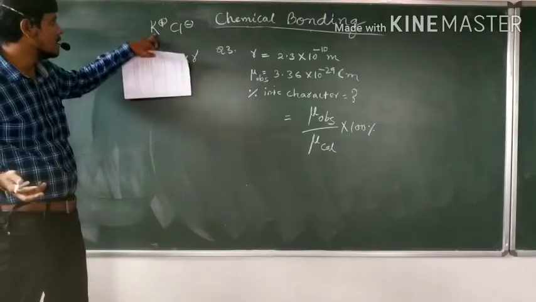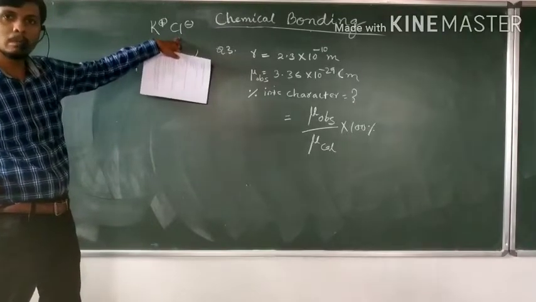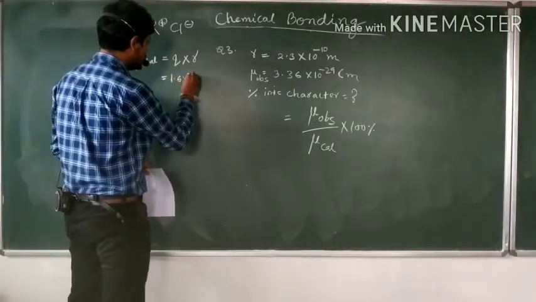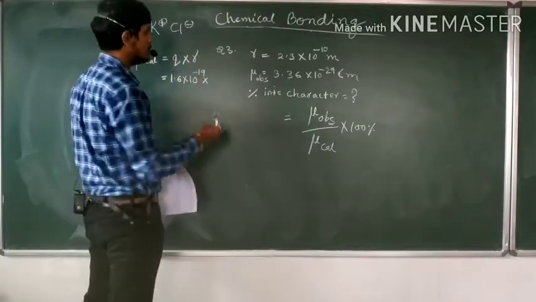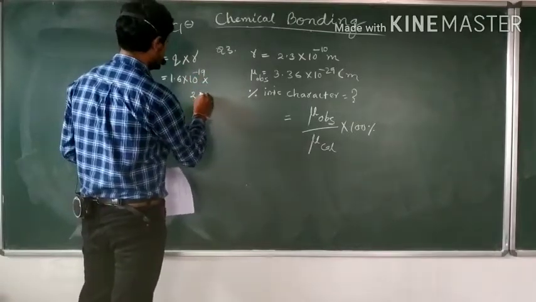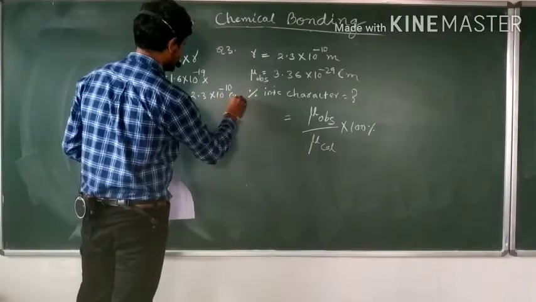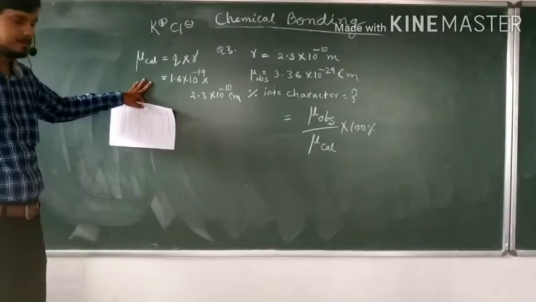That means the charge is 1.6 into 10 to the power minus 19. So the mu calculated will be 1.6 into 10 to the power minus 19 into the distance, which is 2.3 into 10 to the power minus 10 coulomb meter. So this is the mu calculated.